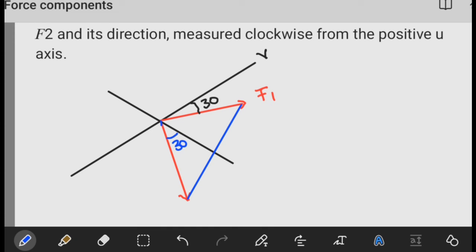Now, why is this not just going to work? Well, this doesn't work for one simple reason. This is F2 and this is F1 here. If you were to calculate the resultant force in this case, what it would give you is not F1 plus F2.